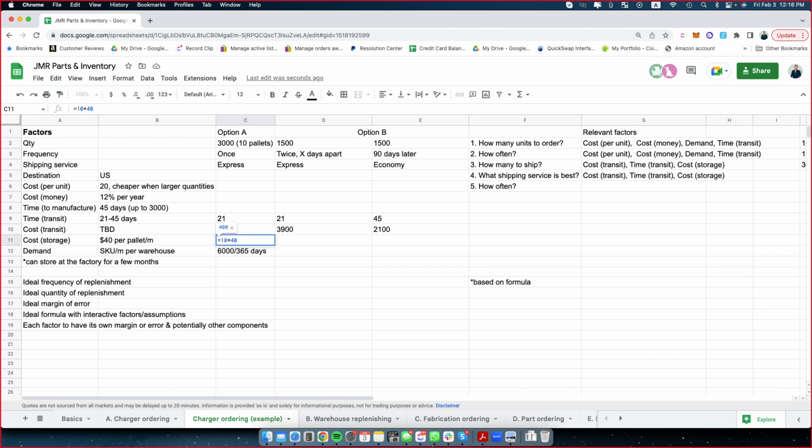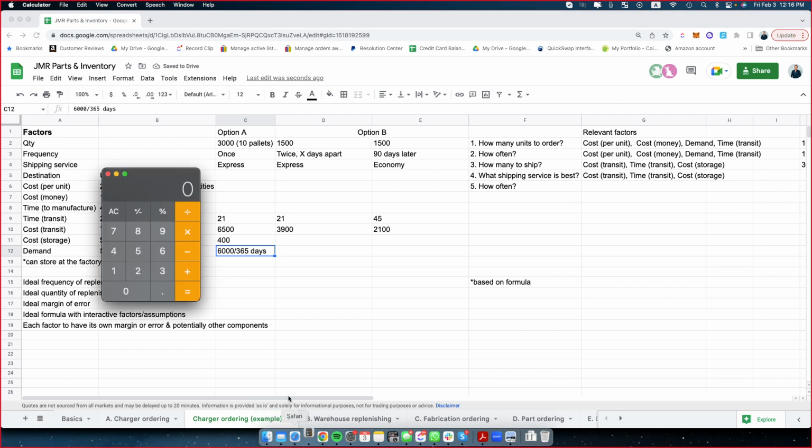That's the first month. And if 3,000 is 10 pallets, then that means that each 300 units is one pallet. We need 6,000 units for 365 days.